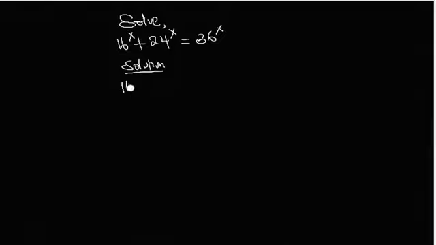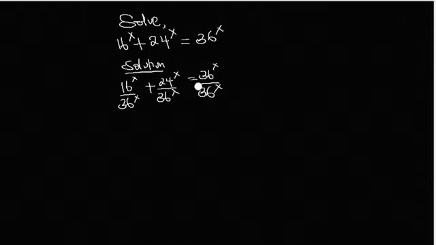So if we do that, we'll have 16 to the power of x over 36 to the power of x plus 24 to the power of x divided by 36 to the power of x, and that will be equal to 36 to the power of x divided by 36 to the power of x.